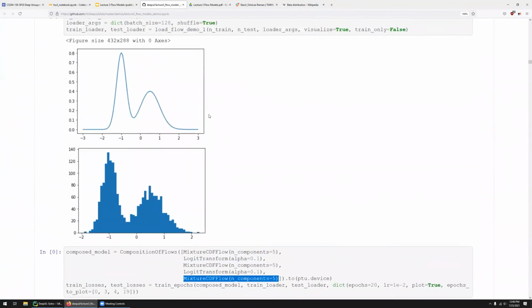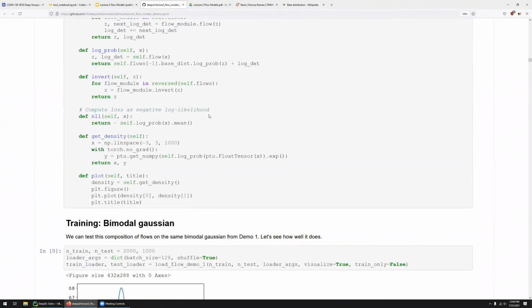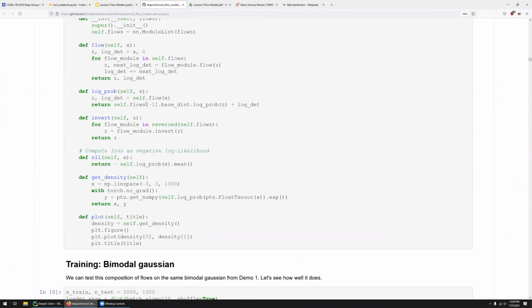Well, I think the difference here is that, in this one, the base distribution is only used for the last one, right? For the other ones, the base distribution is never used. We just flow it through.